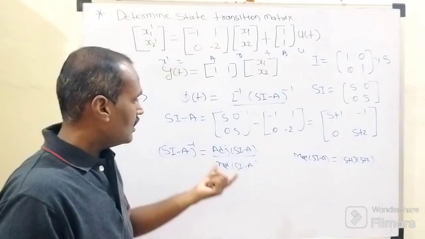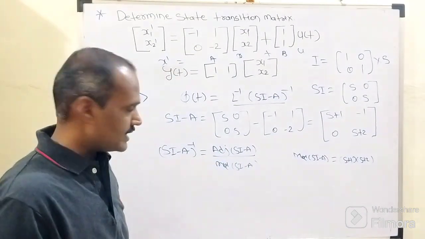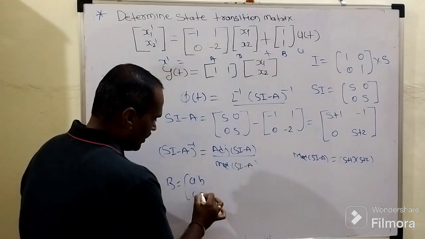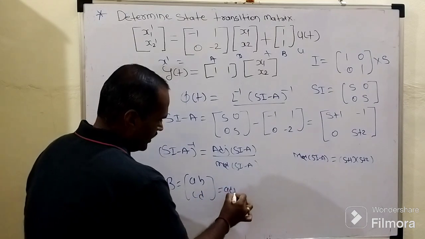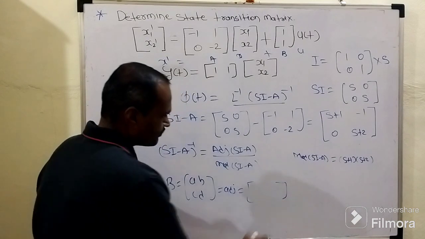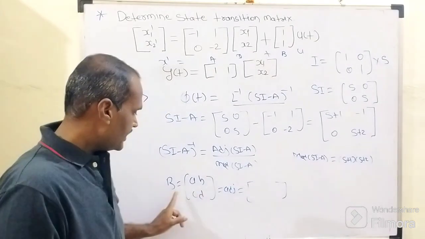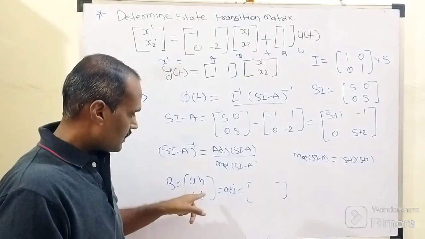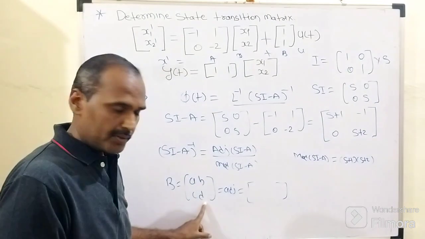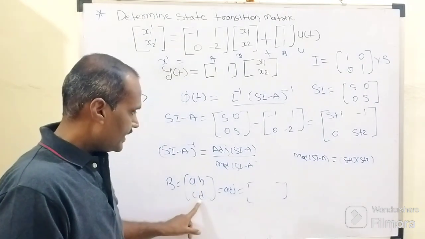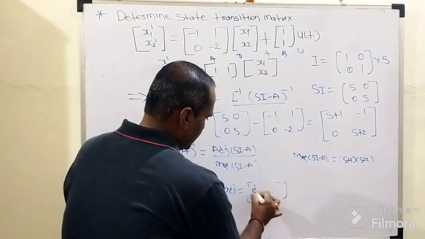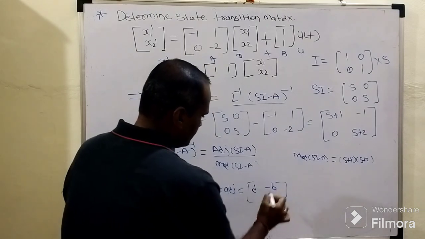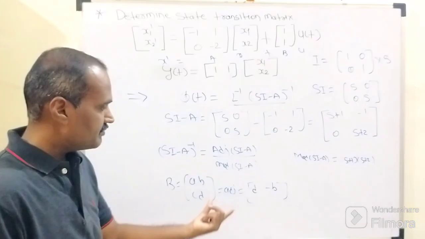Now it's time to determine the adjoint of this SI minus A, right? To understand, one more time, consider this matrix A, B, C, D. To determine its adjoint, carefully look at the elements belonging to column number 2, which are B and D. Initially we consider the last element, D. Then the previous element along with a negative sign becomes minus B. In this way the first row of the adjoint is declared.